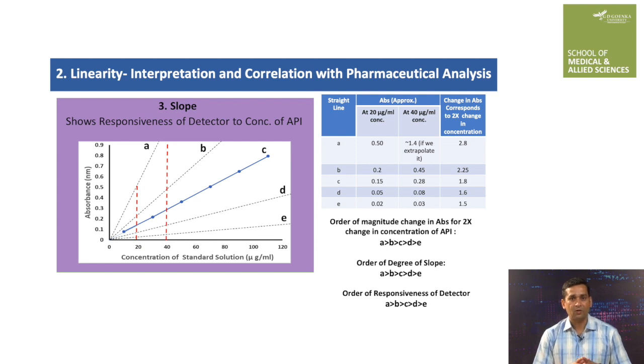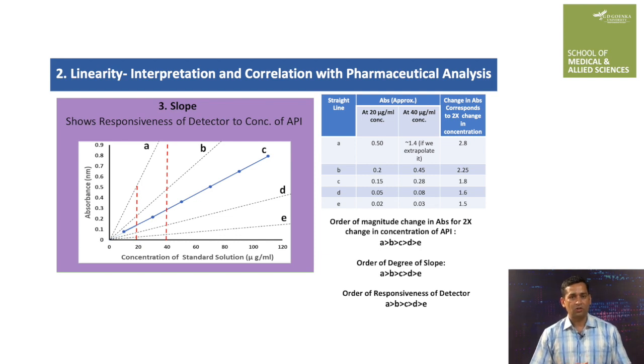If we see the figure, we find that straight line A has the maximum slope while line E has the minimum slope. After observing the change in the absorbance in each line for 2x concentration change, we can give the general statement that the straight line which has maximum change in absorbance for a particular change in concentration shows the highest slope.